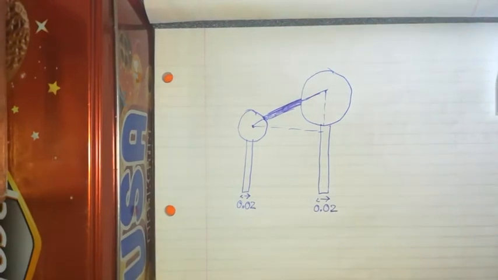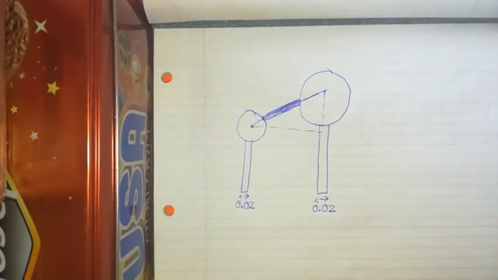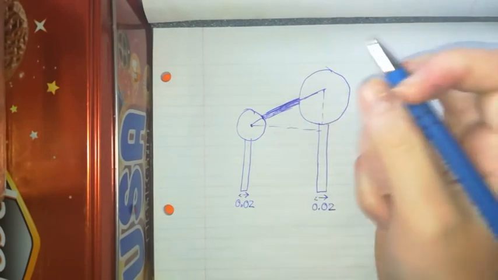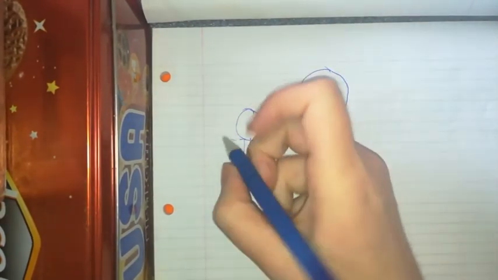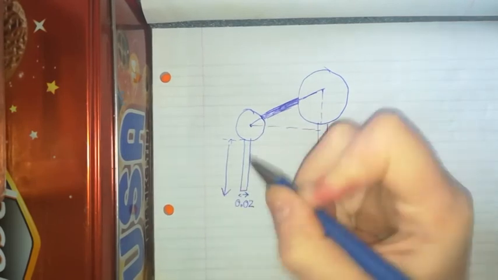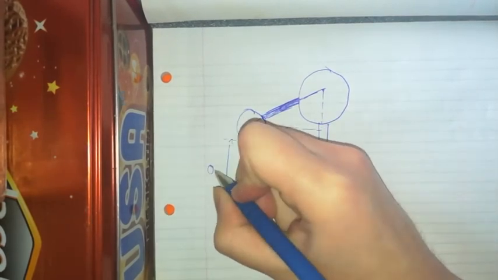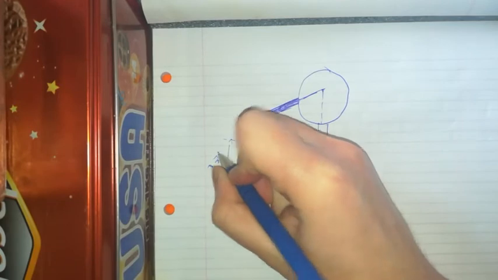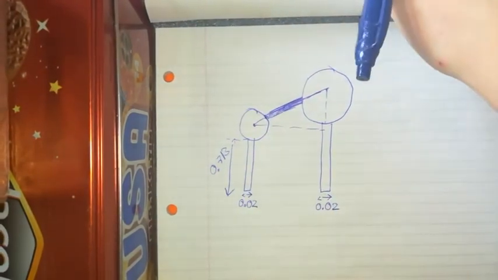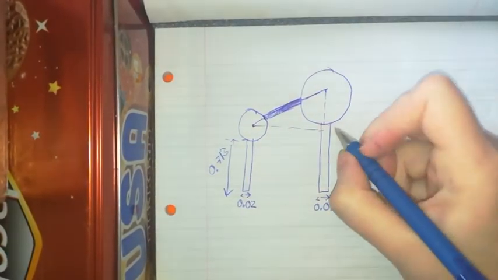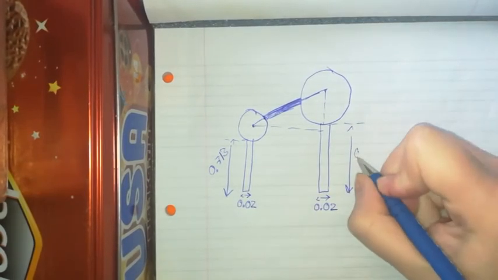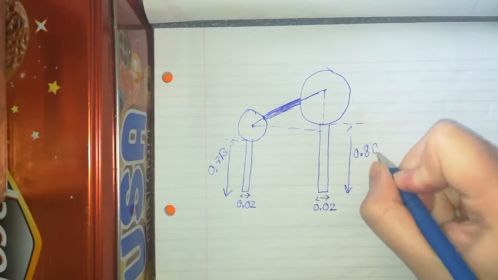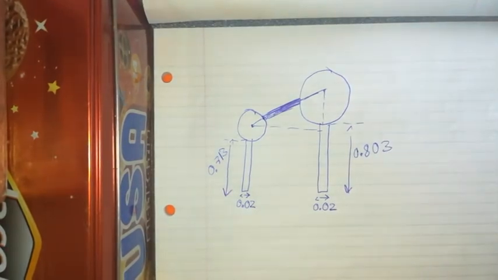I also know the heights already. I'm just going to deal in meters all together. The height of bar A is 0.713, and the height of bar B, which I already got, was 0.803.